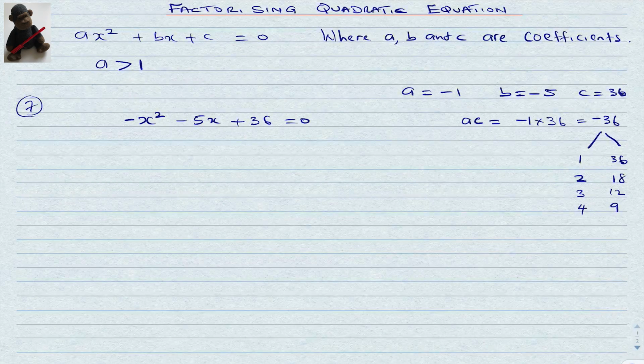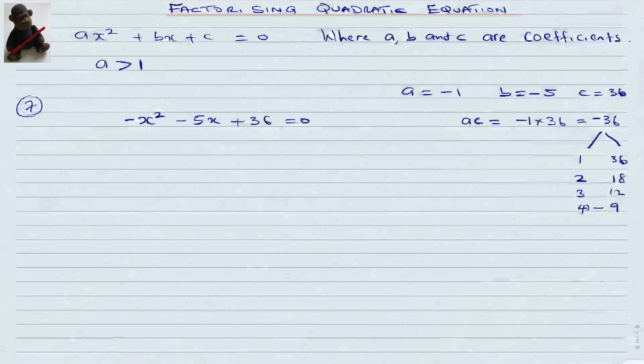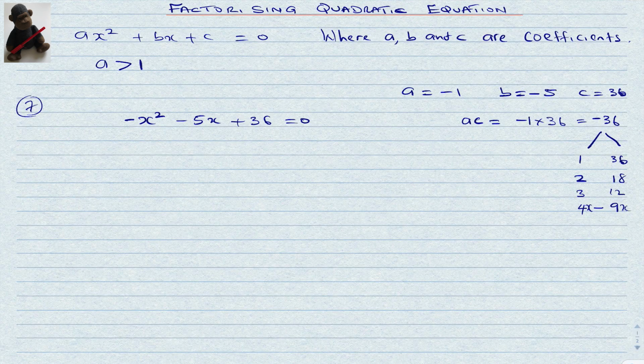What would 4 times 9 be? That would be 36, because 2 times 18 will give you 36. So 4 and 9 will do it, but we need minus 9 and 4, so just stick x there and x there.